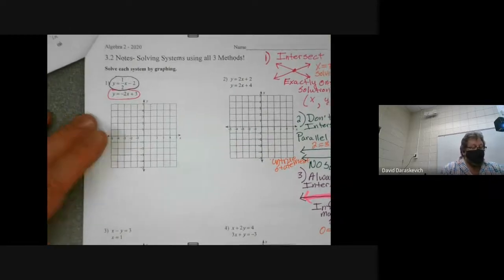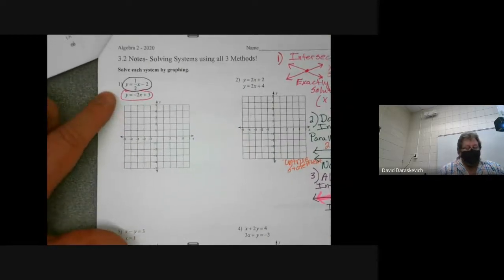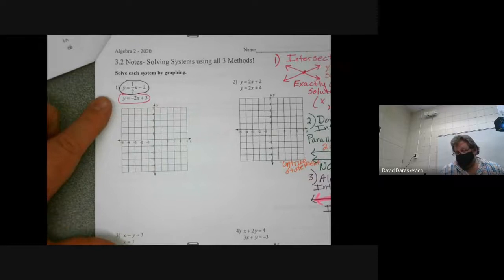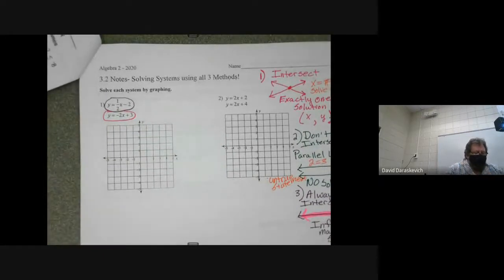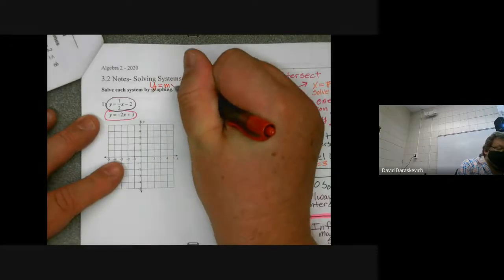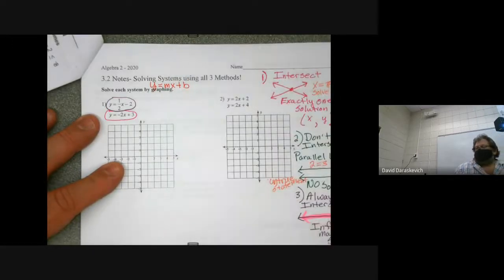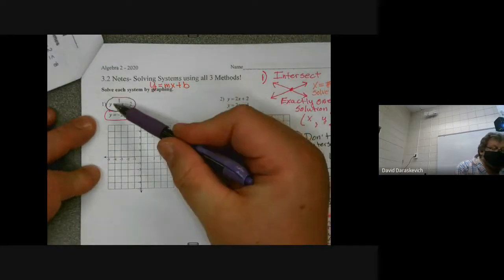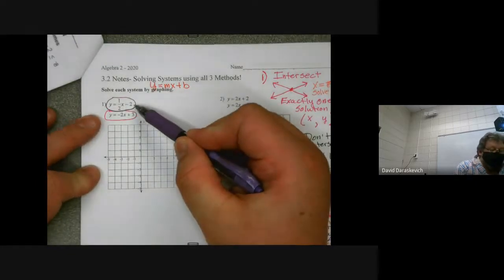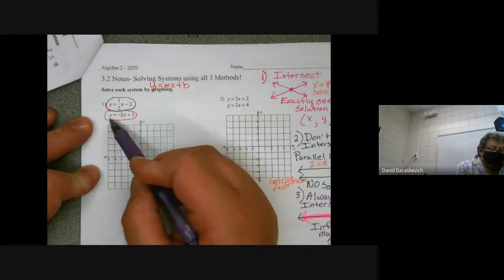All right, number one. You guys remember how to write lines? And I think we did this too, review of graphing lines. We have to make sure that it's in y equals mx plus b, because that's the easiest way to graph a line. So let's look at the top one, and it is in y equals mx plus b, same as the bottom one.